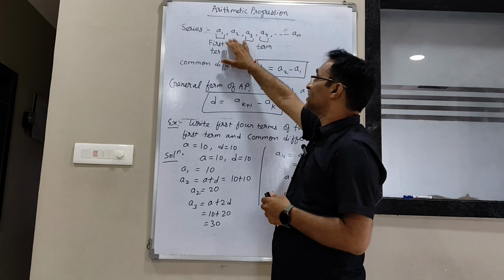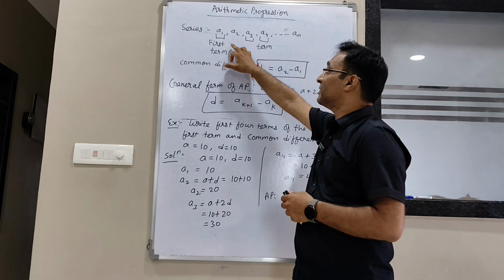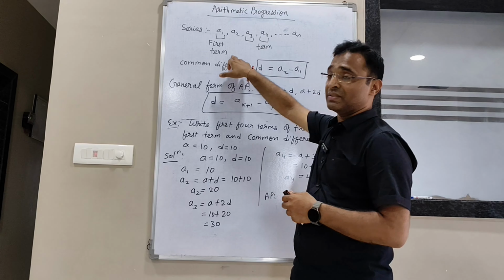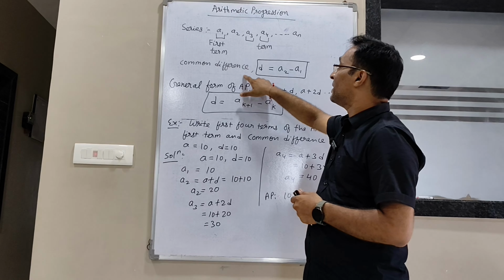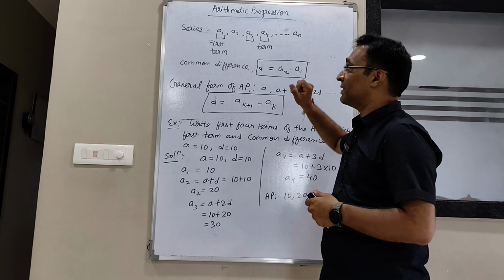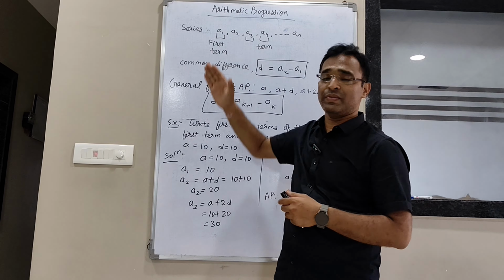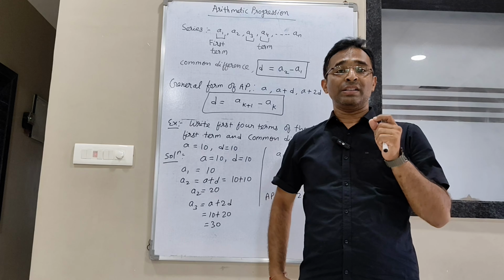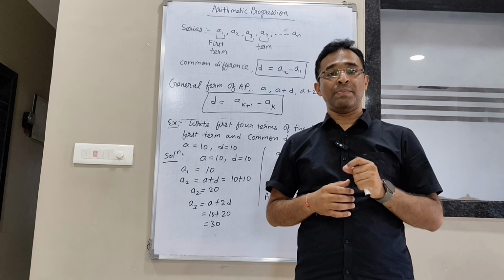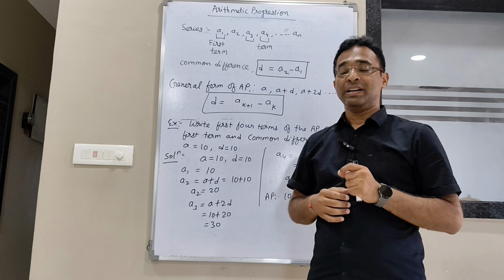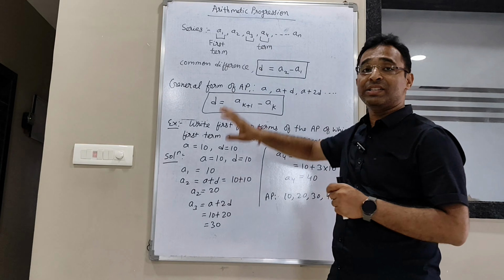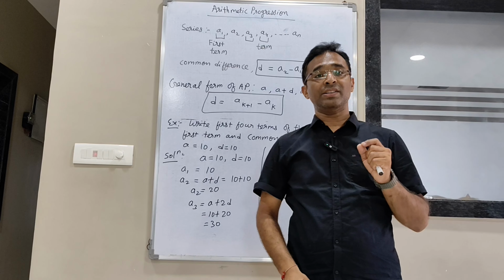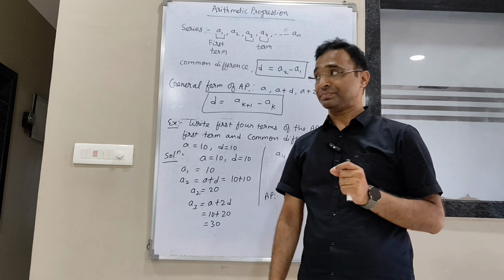Here the first term of the series is known as the first term, and there is one common difference, which is a2 minus a1, meaning second term minus first term. A series which has to be an AP requires this mandatory condition: the common difference between all the numbers in the series must be the same, and that is known as the common difference.